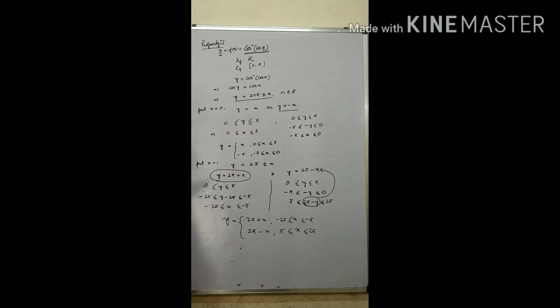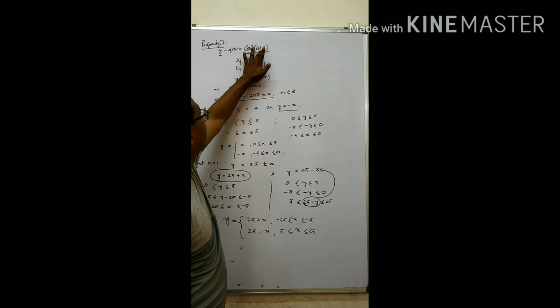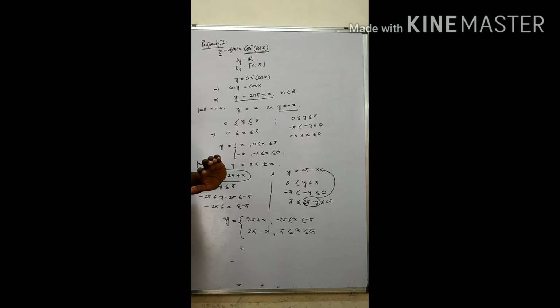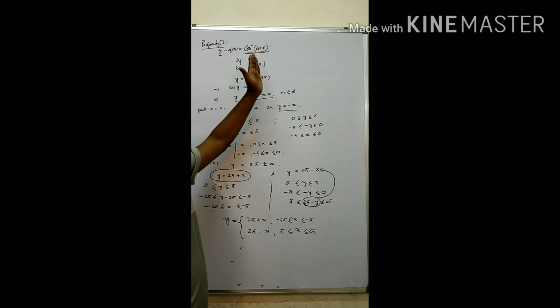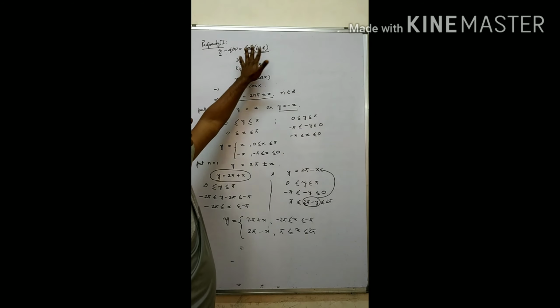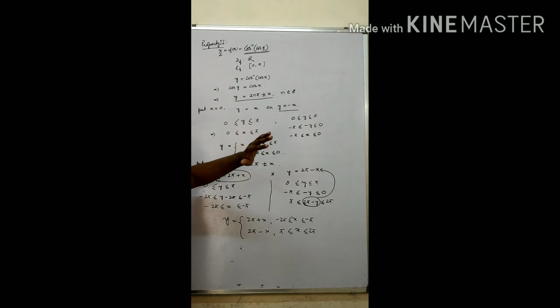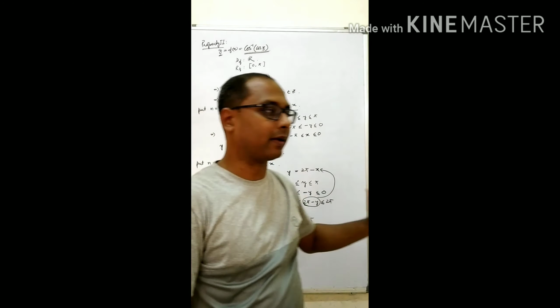So now we can draw the graph. We are in a position to draw the graph by noticing that cos x is a function periodic with fundamental period 2 pi. So cos inverse cos x also will be a function with fundamental period 2 pi.